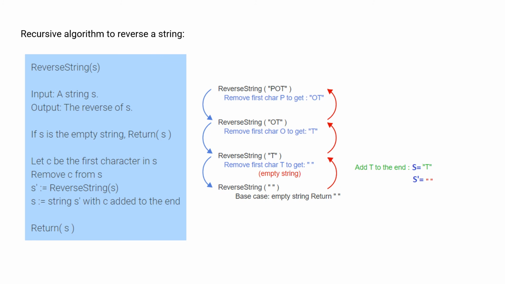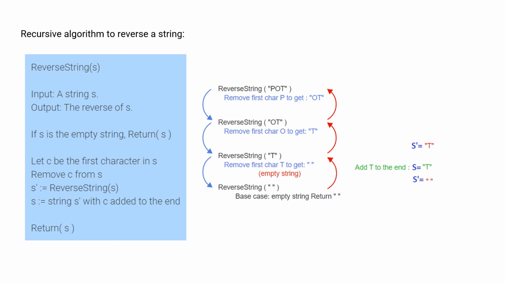S is what we get when we add that back to the end. Now we have S, and that's what got returned. And so since we returned the T in that particular iteration, we can go on to think through the current iteration.